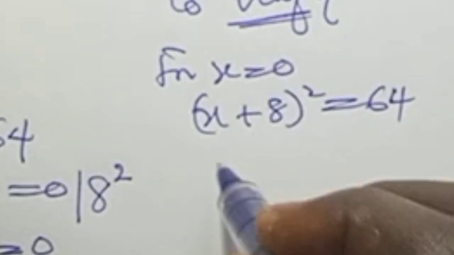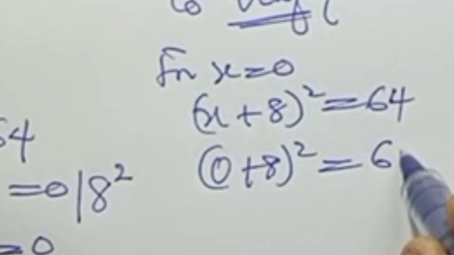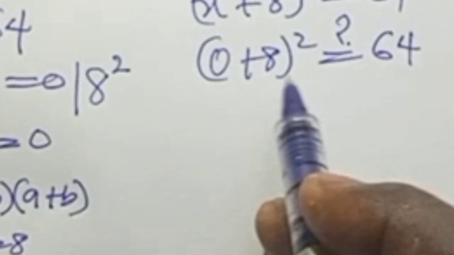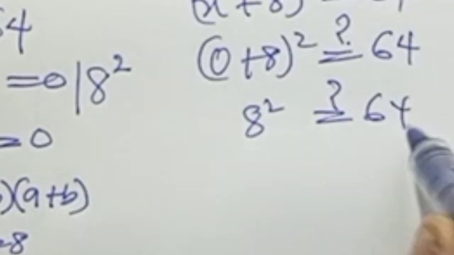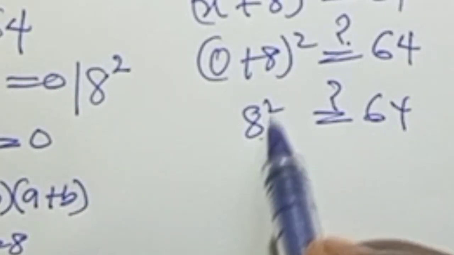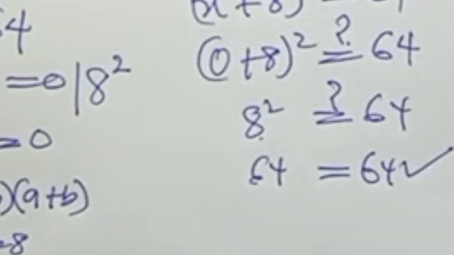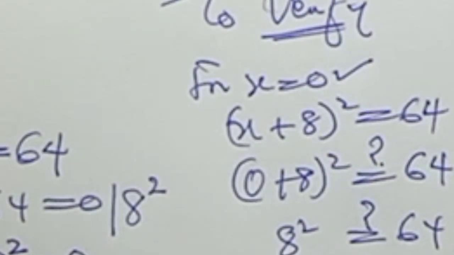So in place of x, we are going to write (0 + 8)². Could it be equal to 64? Here, 0 + 8, that is 8, and 8², can this also be equal to 64? And we know 8² is 64, equal to 64. That means the value of x equal to 0 is true.